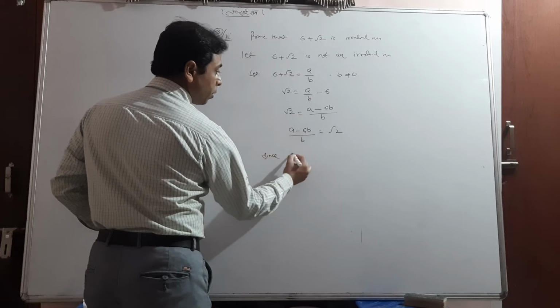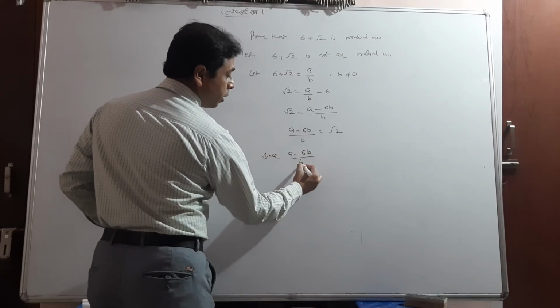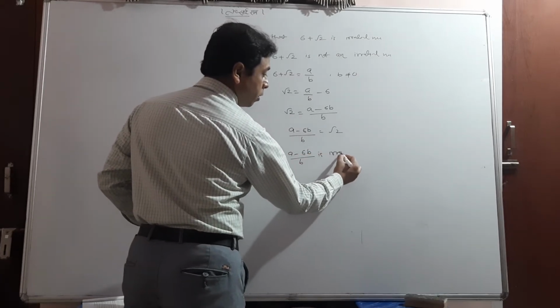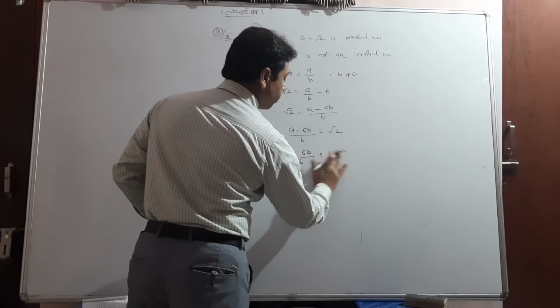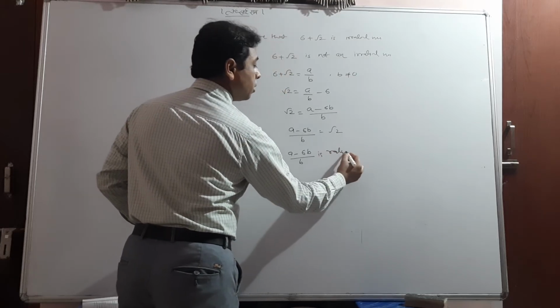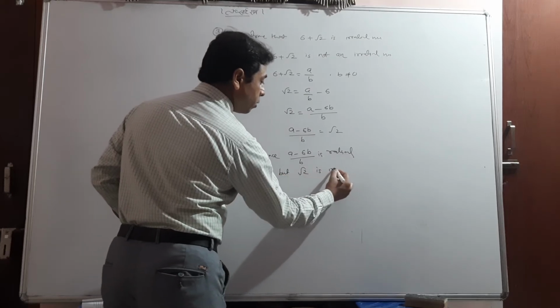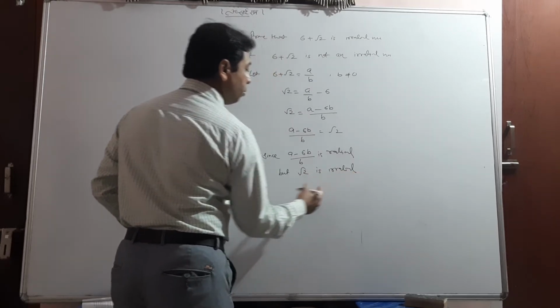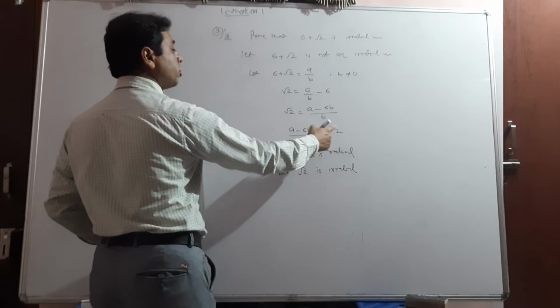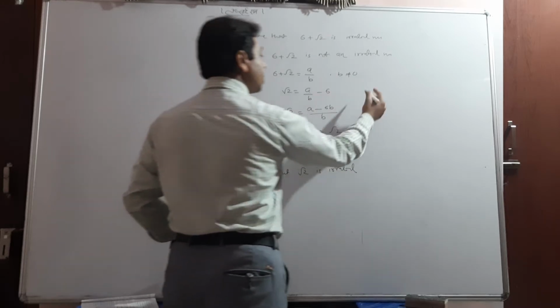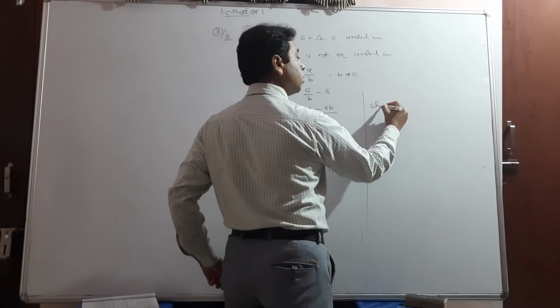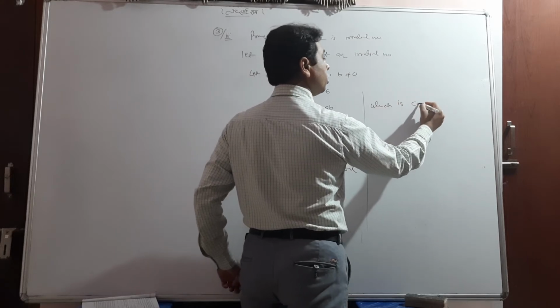Since a minus 6b upon b is rational, but root 2 is an irrational number, this is rational and it is irrational, and the equal to sign between them is false, which is a contradiction.